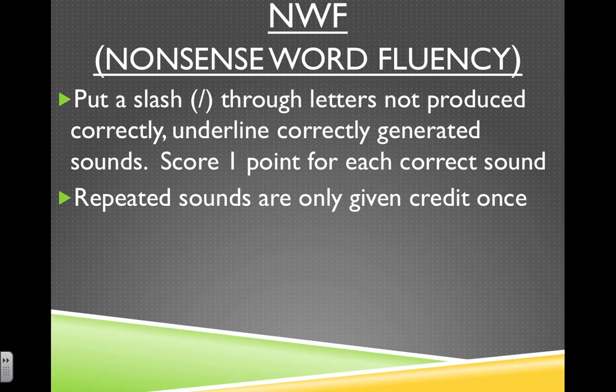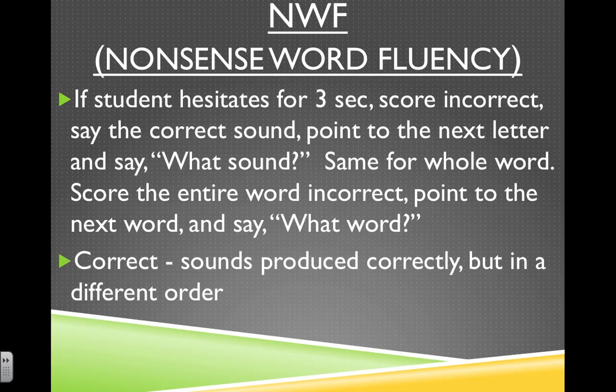If a student repeats a sound, it's not going to be marked wrong, but they're not going to get extra credit either. So they can only gain 1 point for each sound. If the student hesitates for 3 seconds, score that sound as incorrect, and then say the correct sound. And then point to the next letter and say, what sound?